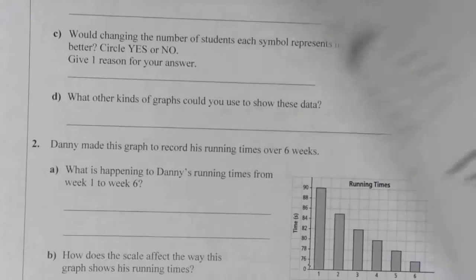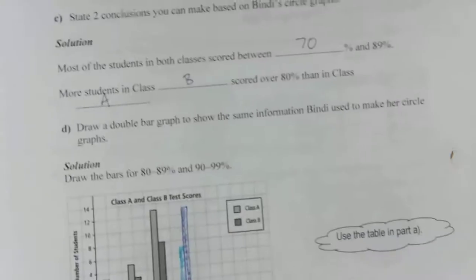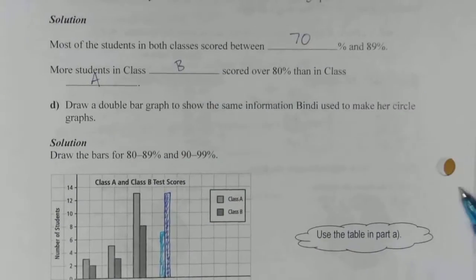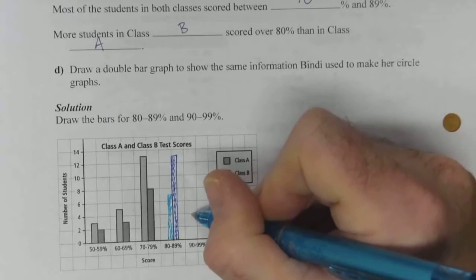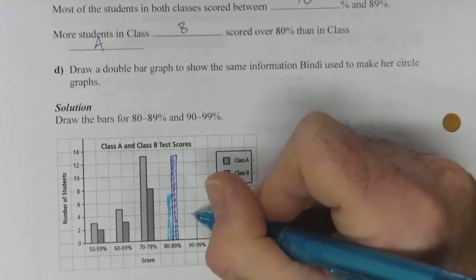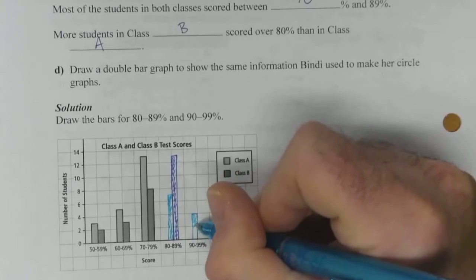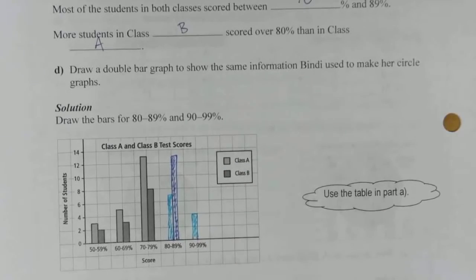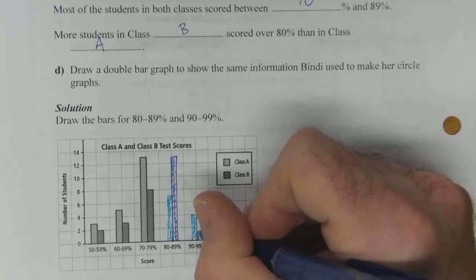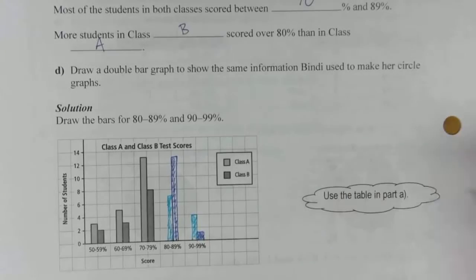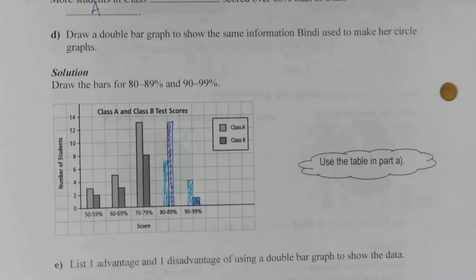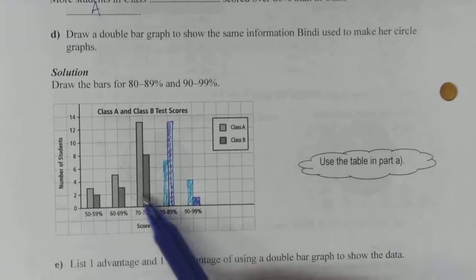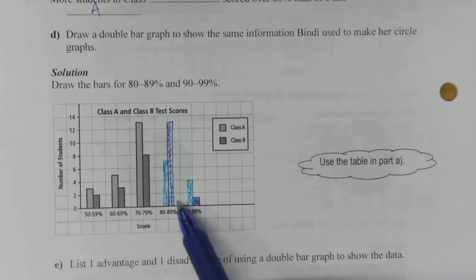And then for the 90s, it was 4 and 1. So 4 for Class A, and then only 1 for Class B. So that's how it should look once you've got those filled in. So the lighter ones are A, darker ones are B.